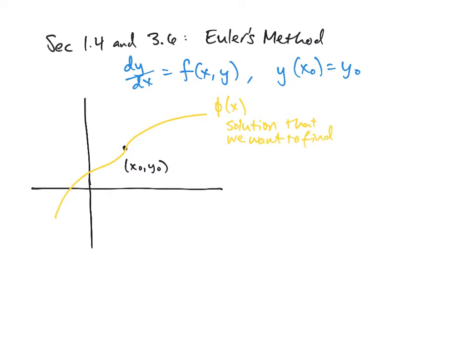And what we did back in the direction field section, 1.3 or whatever it was, is we knew that our derivative had to equal f of x, y. So the derivative of phi, because we can plug phi in for y, has to look like this.